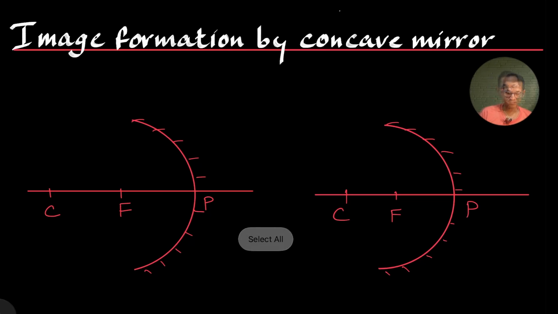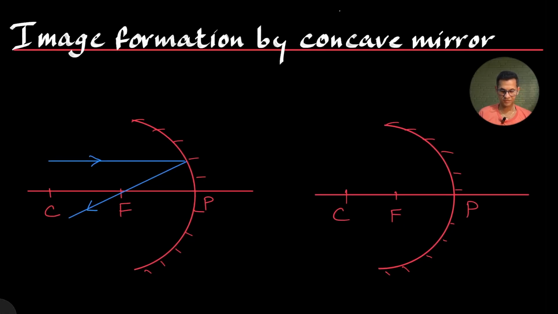So let's start. The first rule says that if a light ray is traveling parallel to the principal axis, then after reflection, it will pass through focus. Then we show the arrows traveling parallel to the principal axis, and after reflection passes through focus.